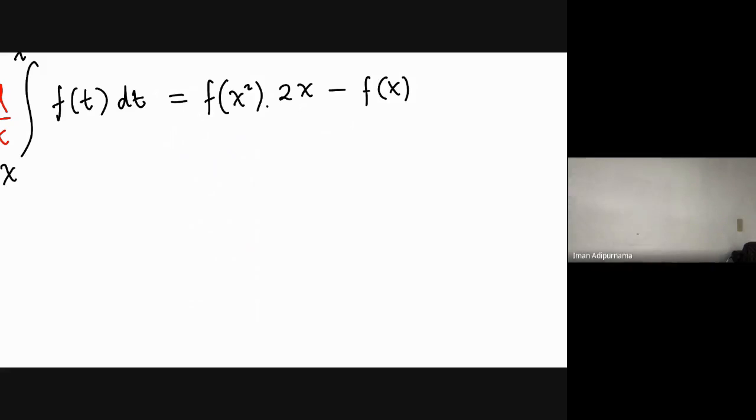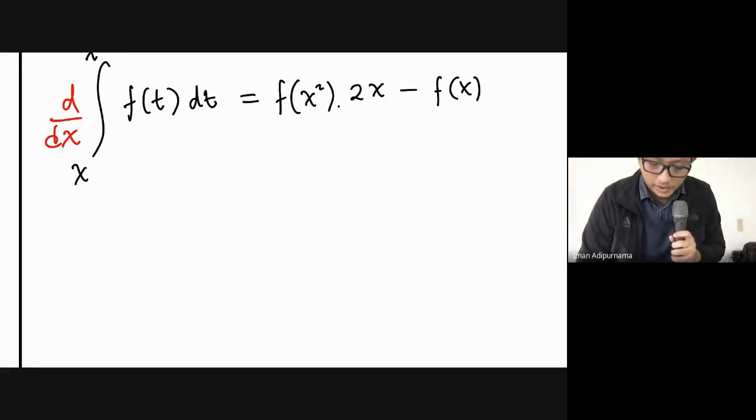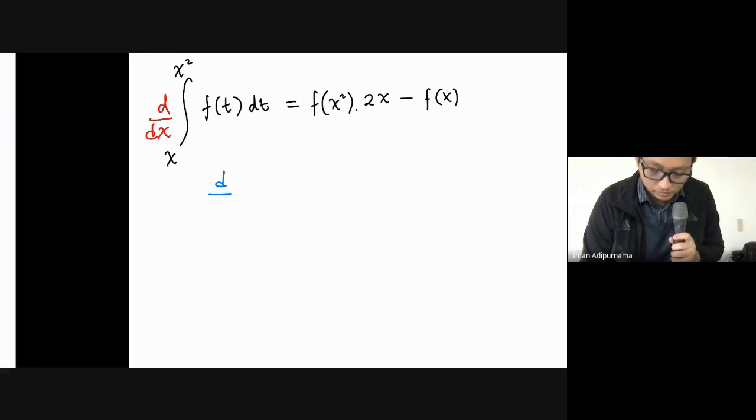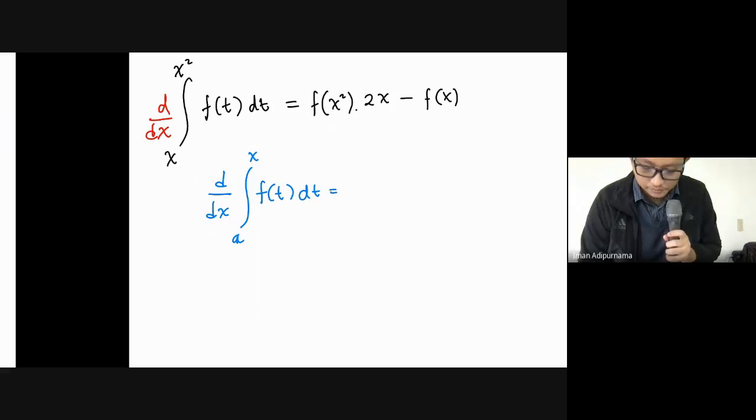This is also the fundamental theorem of calculus. I think the first part is stating if you have this. Let me write. So this is one. Okay.